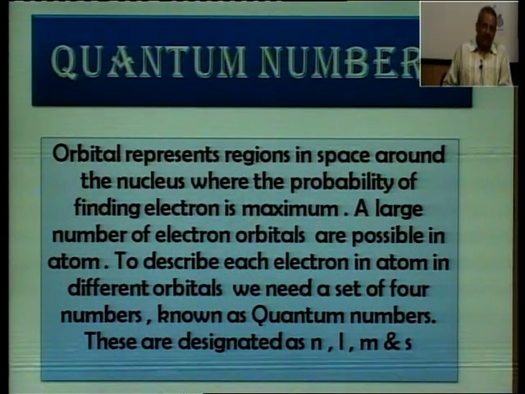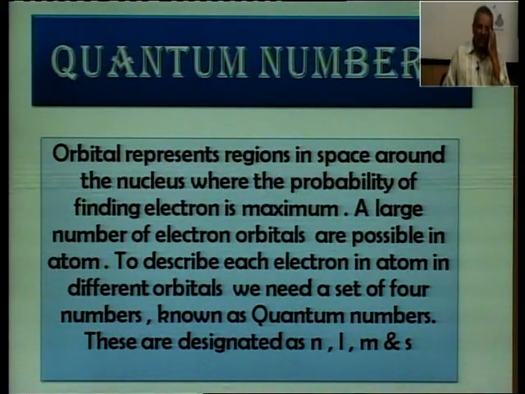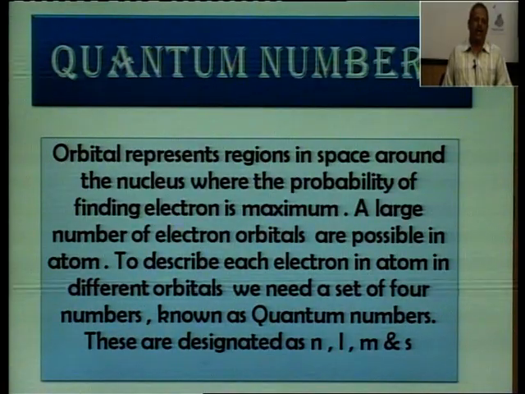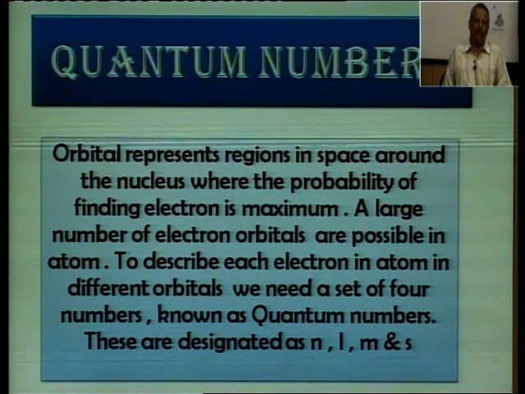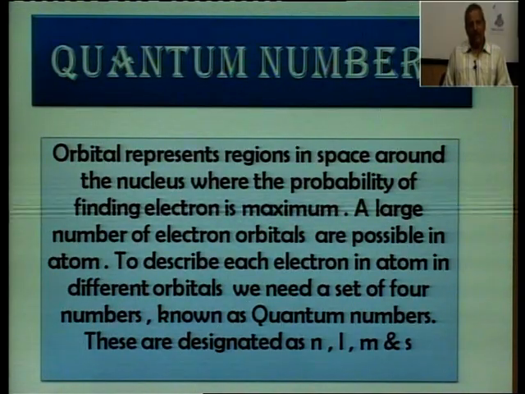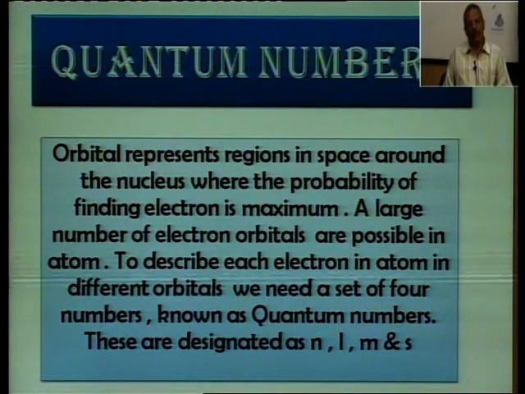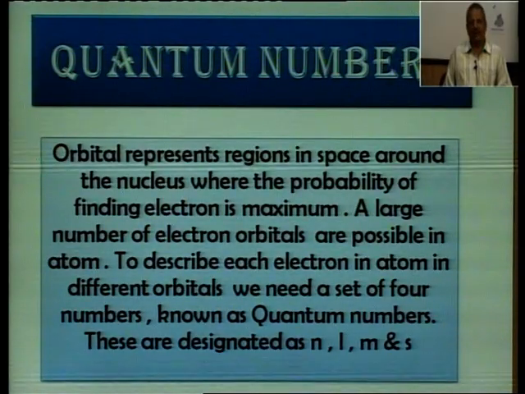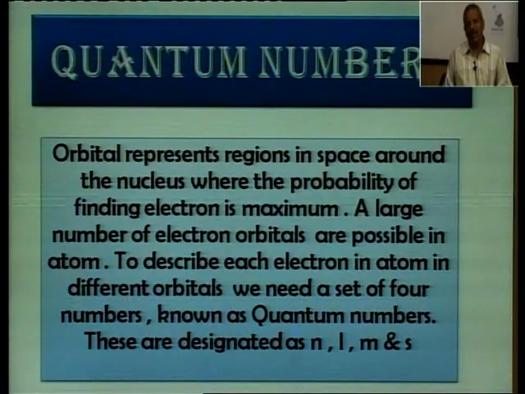An orbital represents regions in space around the nucleus where the probability of finding the electron is maximum. A large number of orbitals are possible in an atom. To describe each electron in an atom in different orbitals, we need a set of 4 quantum numbers. These are designated as n, l, m and s.